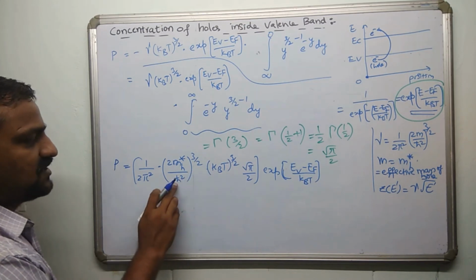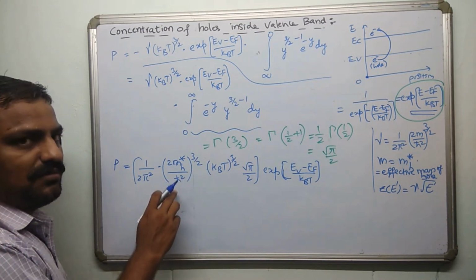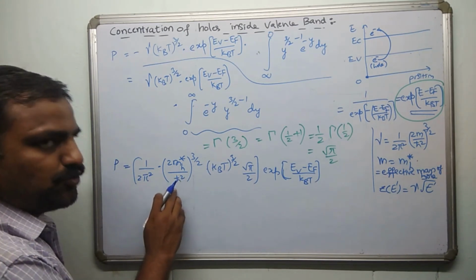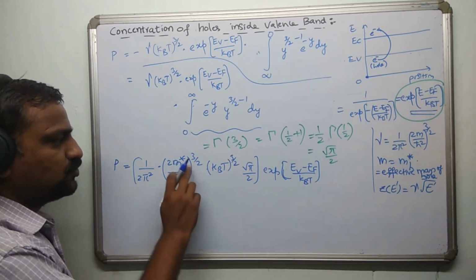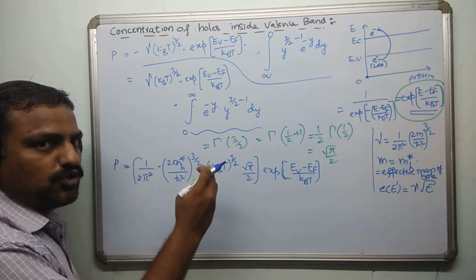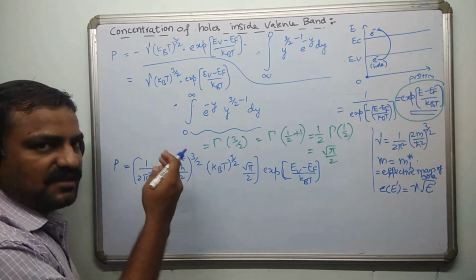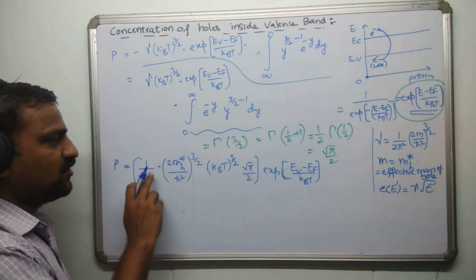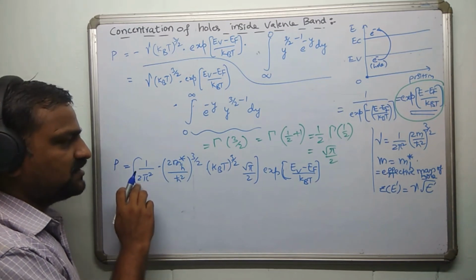By making manipulation, h cross square can be written as h square by 4 pi square, or you can write it as h by 2 pi whole square. And if you send the 2 pi to the numerator, it is (2 pi) whole square power 3 by 2, which is nothing but (2 pi) whole cube. (2 pi) whole cube is 8 pi cube, and with this pi square will cancel. It is going to be 8 pi, and 2 is there, another 2 is there.